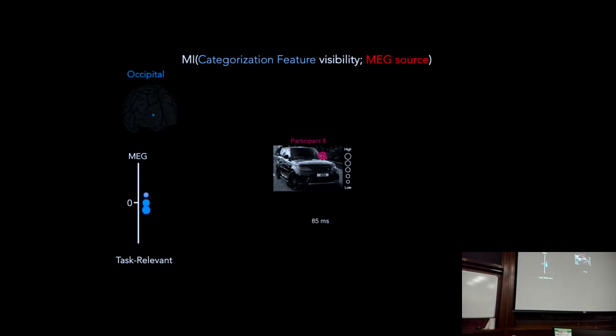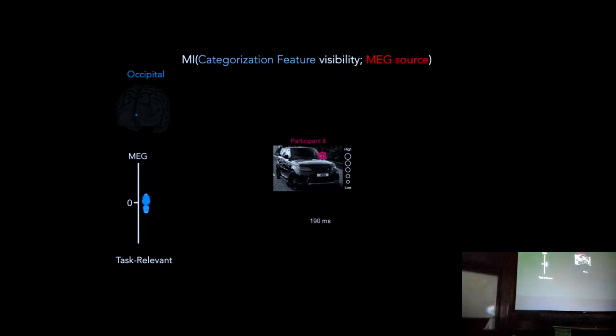So let me show you then how it works. It's quite interesting. We do the same analysis as what we've done before, so we compute the mutual information between the visibility of the categorization feature and the MEG source. So we start here, and we have a source here which is in occipital cortex.